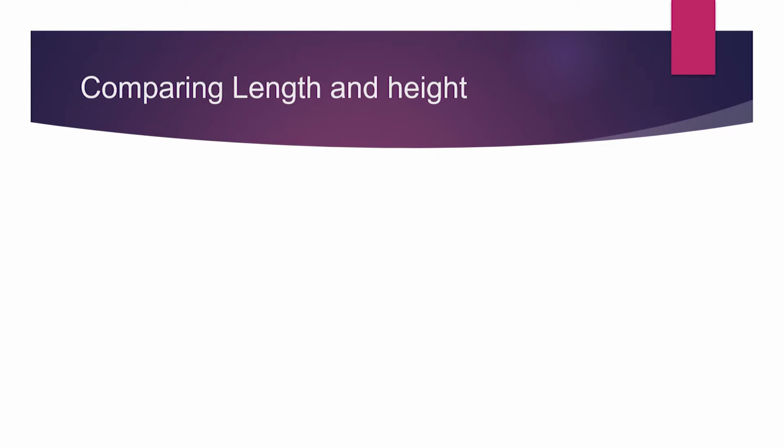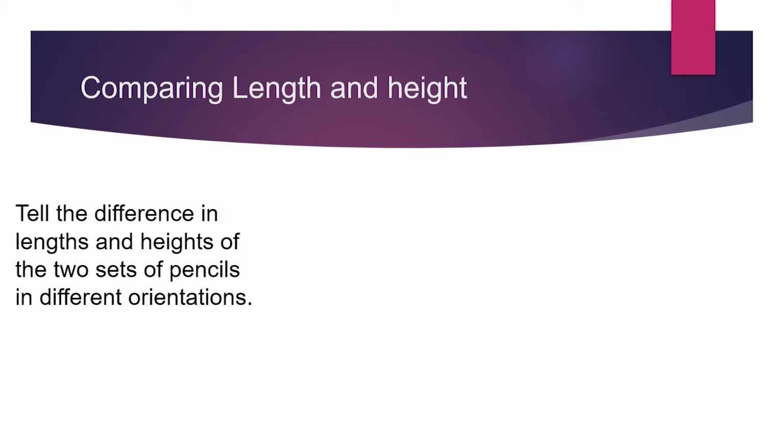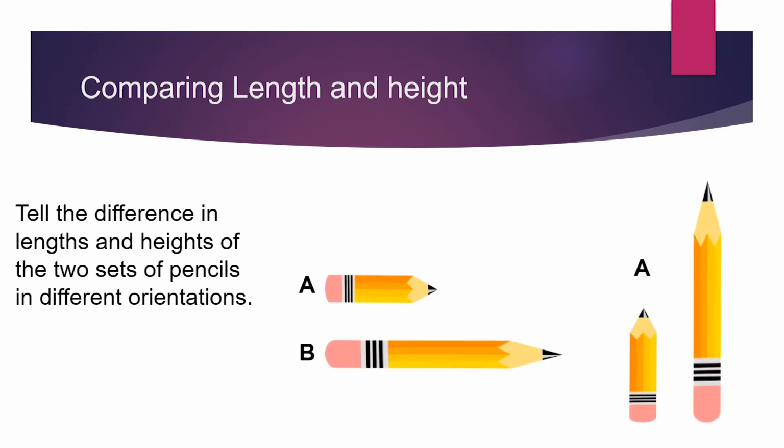Let us now compare the heights and lengths of some pencils. What do we need to do first? Look at these two sets of pencils. Look at the erasers at the bottom of the pencil. Do you see that for each set of pencils, they both started at the same place?